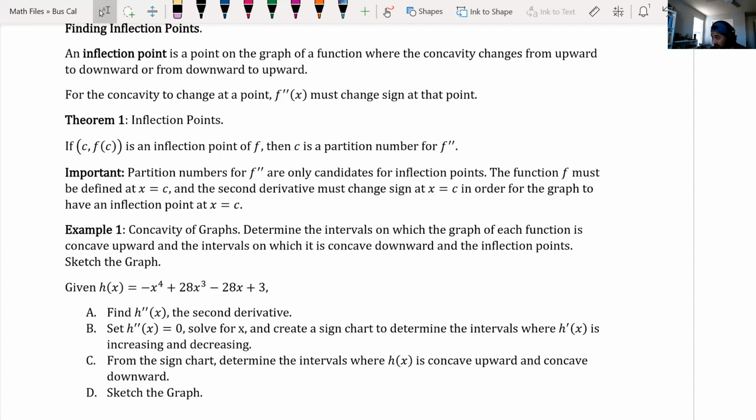If our signs do not change, then our partition number is not an inflection point. So signs must change in order for it to be an inflection point. And of course, I'll show you what all that means as we work through this next example. But any questions so far?